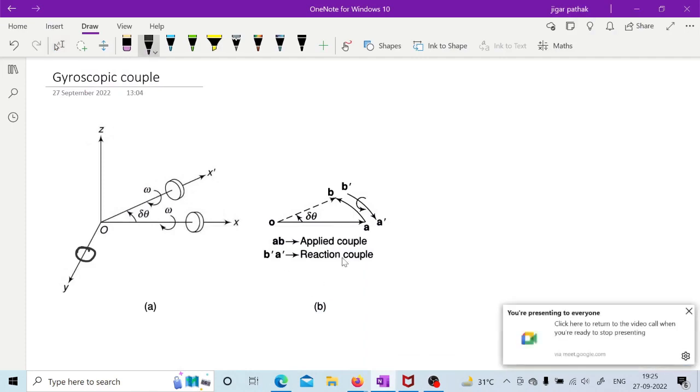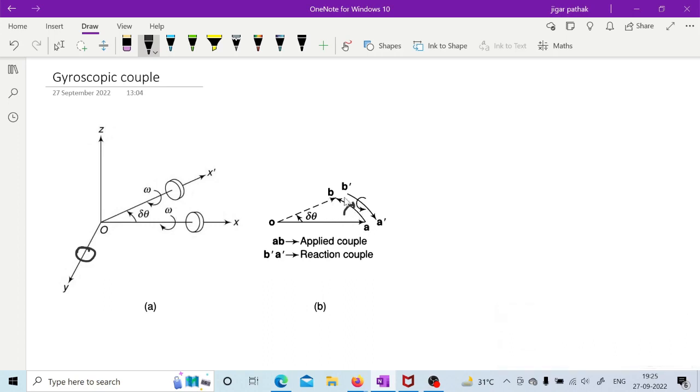This active gyroscopic couple will try to rotate this component in the clockwise direction when viewed from A, because it is going away from A to B. It will try to rotate your rotating element clockwise in the vertical plane.